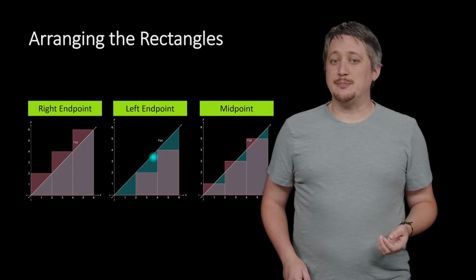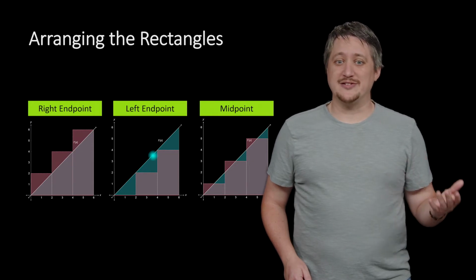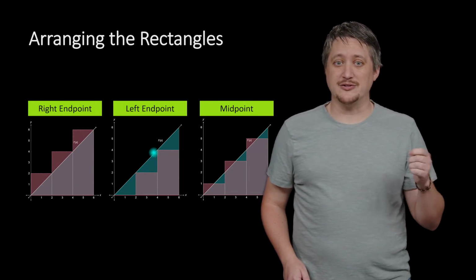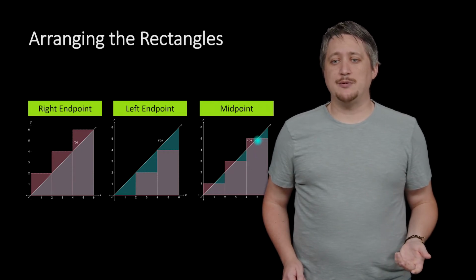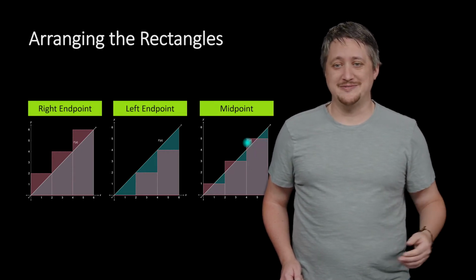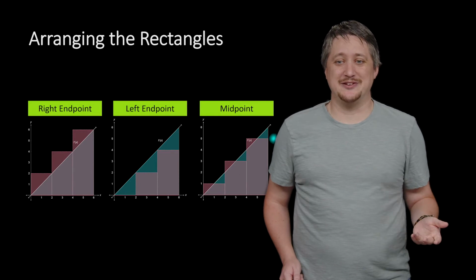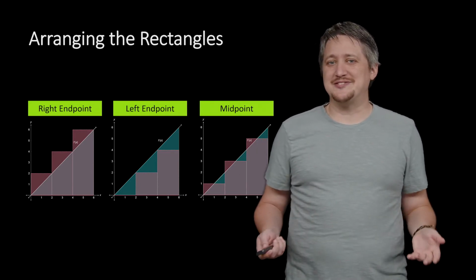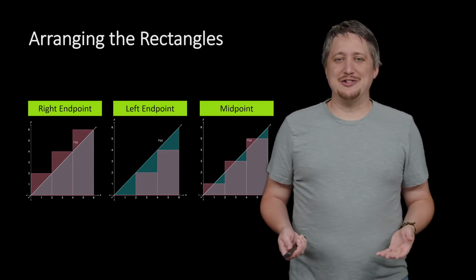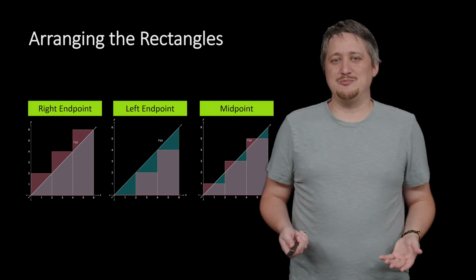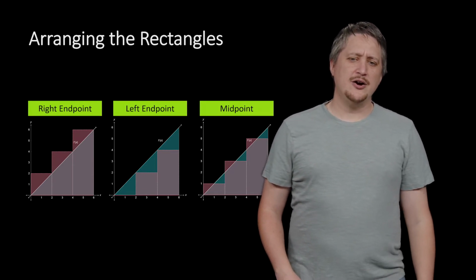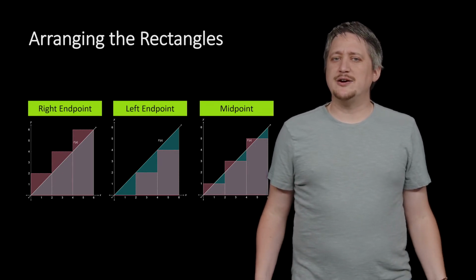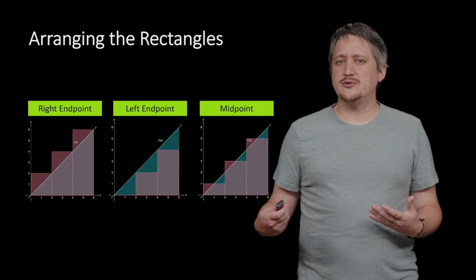The one that used the top left is the left endpoint, because we use the left side of that top as the marker. And the one that used the middle of the top line is the midpoint. So we use the midpoint of the top as the marker. They really are not cleverly named because we just want to make them easy to remember.